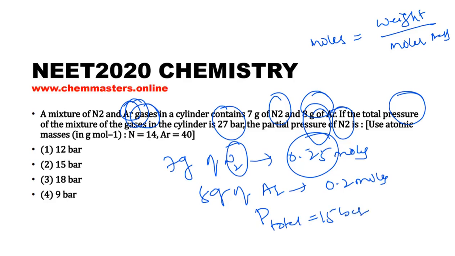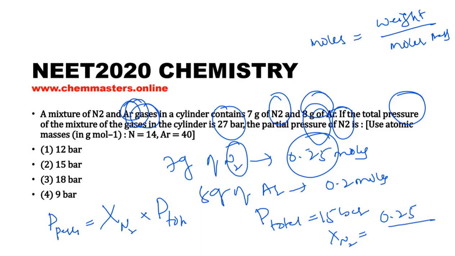Okay, right. Now the partial pressure equals the mole fraction of N2 times the total pressure. The mole fraction of N2 equals the number of moles of N2, 0.25, divided by total moles, 0.25 plus 0.2 moles.